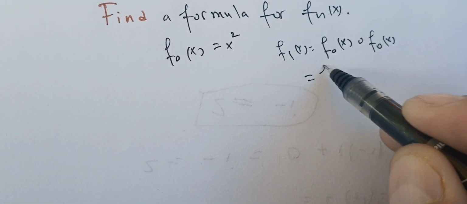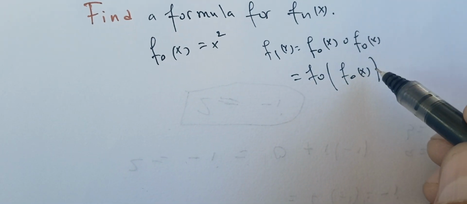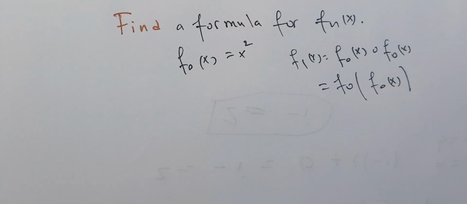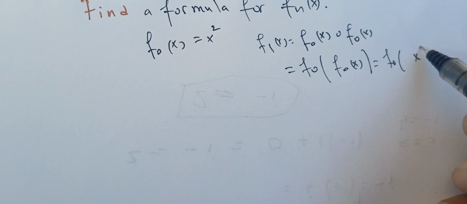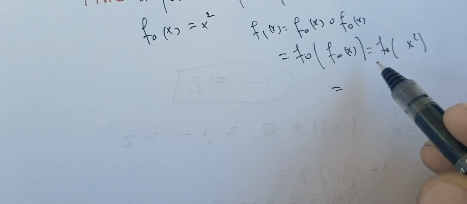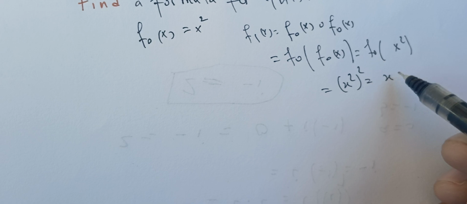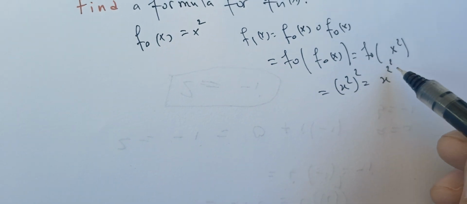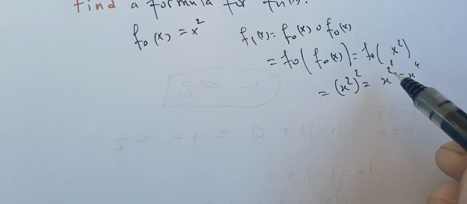By definition, this is just the image of f0 of x by f0, so this is just f0 of x squared. So the image of x squared by f0 would give me x squared squared, or x to the power 4.